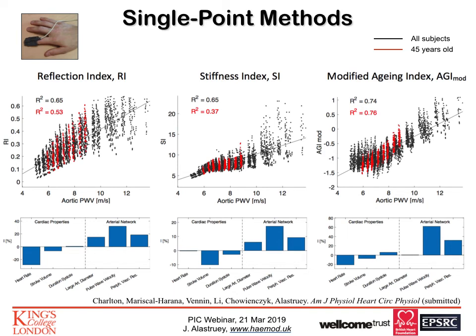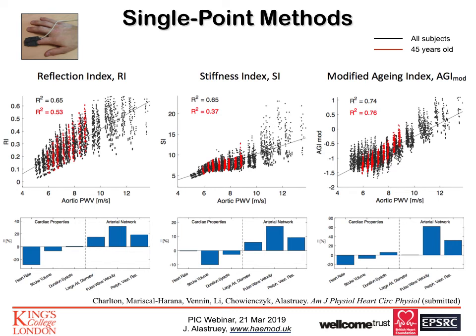We observed that all 3 indices correlated with aortic pulse wave velocity, with coefficient of determination values ranging from 0.65 to 0.74 for all 3 indices. This indicates that these indices may have utility for assessing aortic stiffness, in line with the findings of clinical studies.